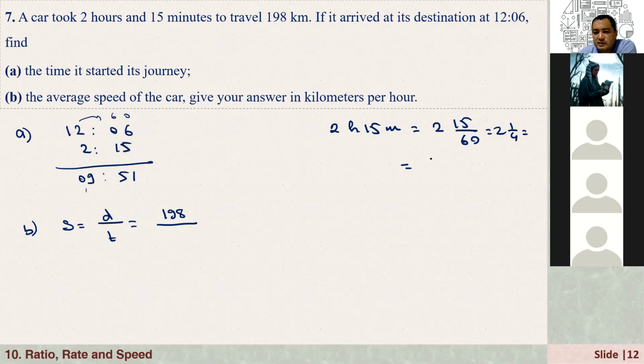That's equal to 9/4 hours. So that's equal to 198 times 4 over 9. And 198 is divisible by 9, it is 22, times 4, that's equal to 88 kilometers per hour.